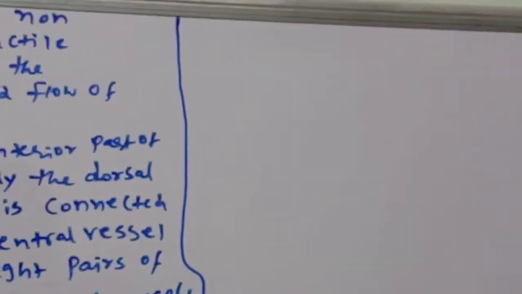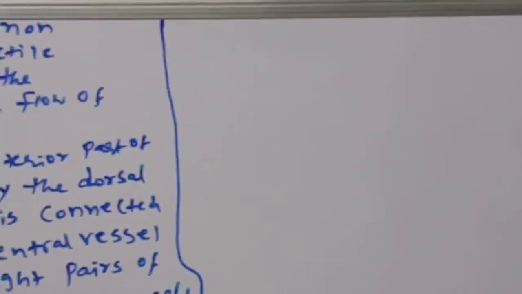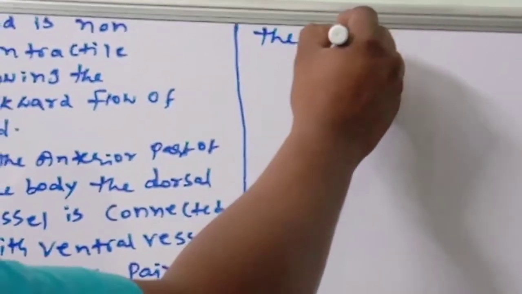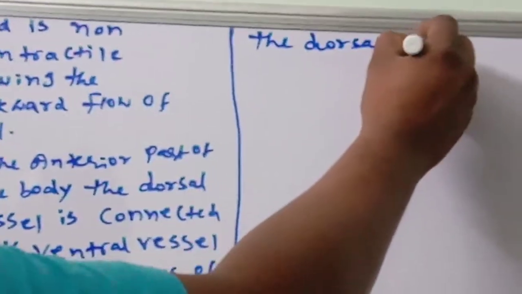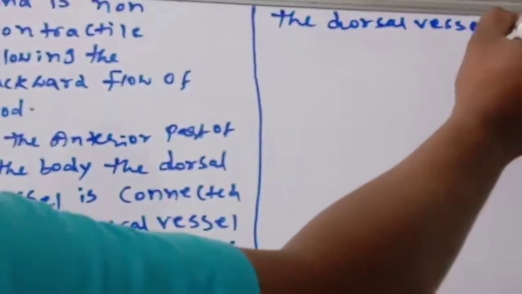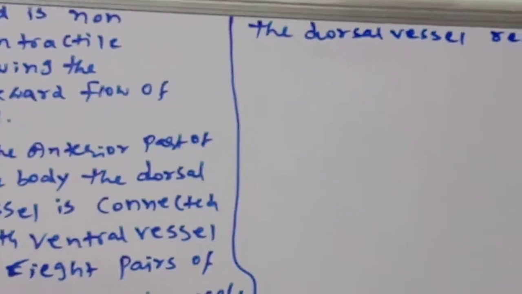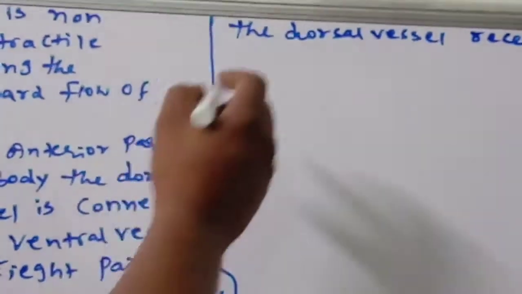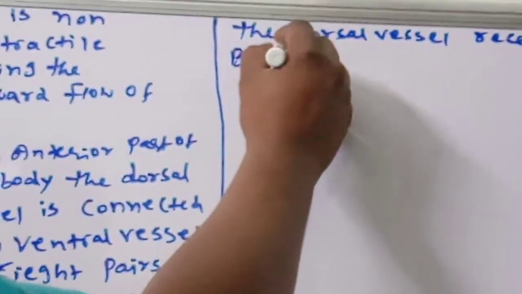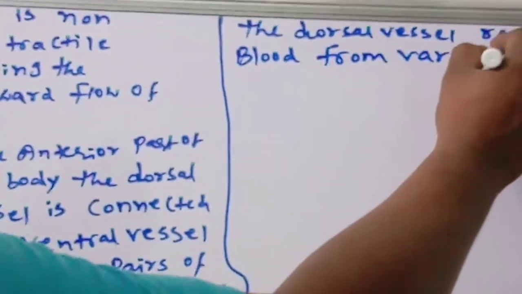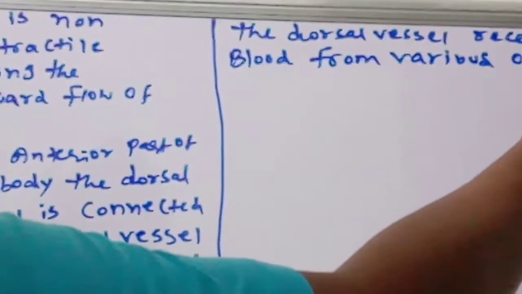Next important one, the dorsal vessel receives blood from various organs.